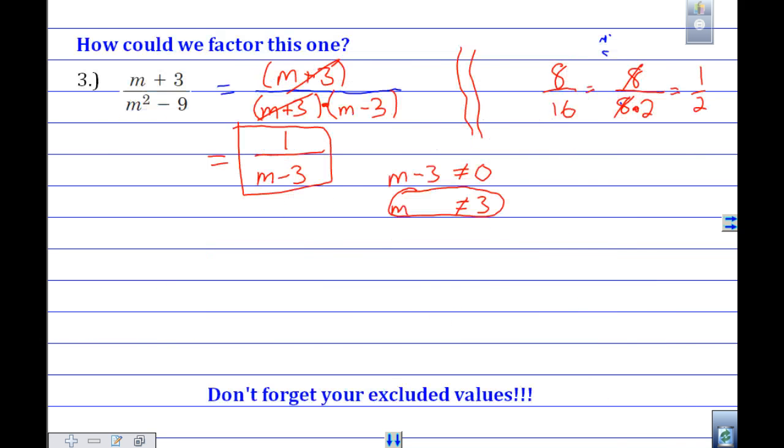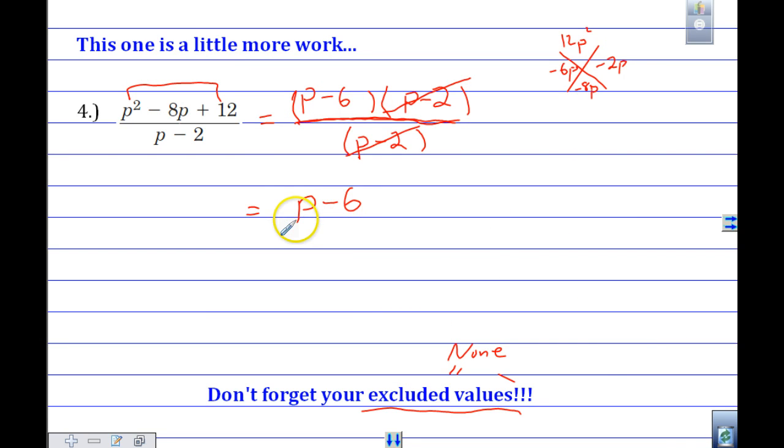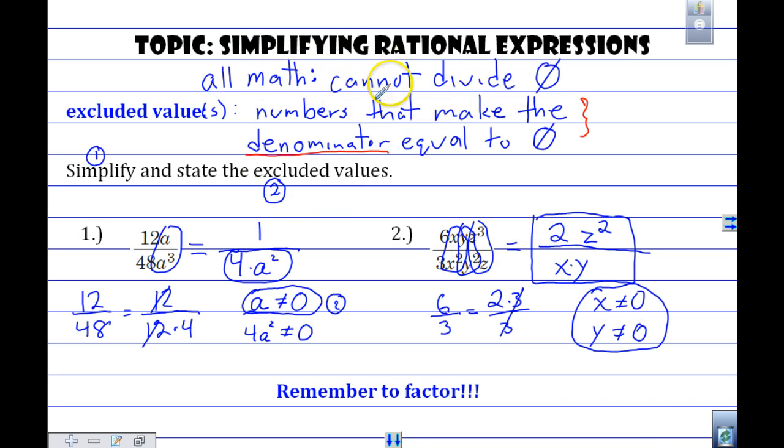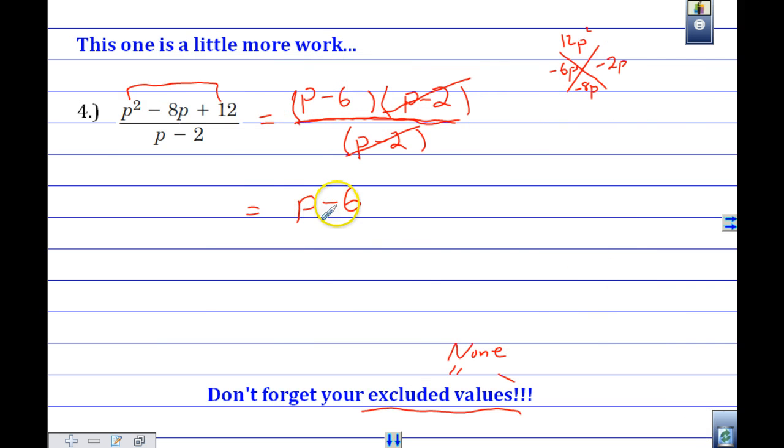Does this fraction have a denominator? No. So it can't be made equal to 0. So you have to know what these excluded values are for. We're trying to prevent dividing by 0. Whenever you have a variable in the denominator, you have to worry. But if there's no variable in the denominator, you don't have to worry about dividing by 0.